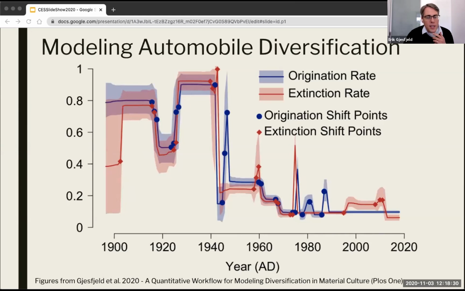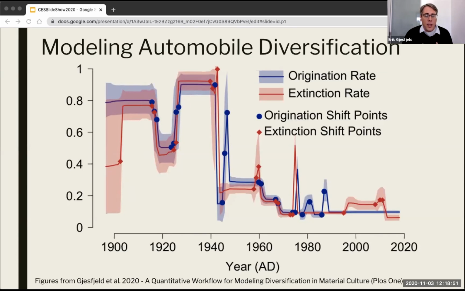In this particular case, we generally see origination rate being higher than extinction rate, meaning that we are increasing in overall richness. But we see a much more dynamic picture for how origination and extinction relate to each other and how they are changing through time.